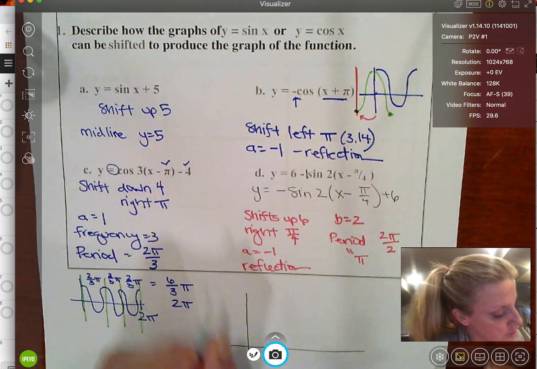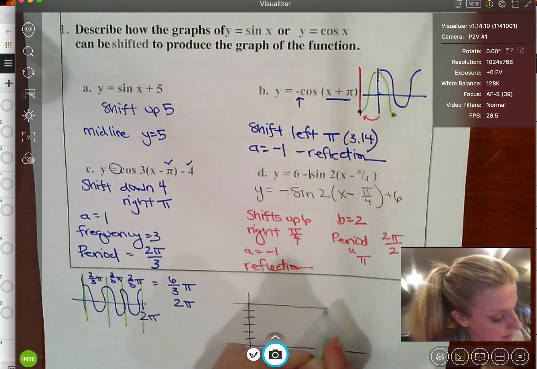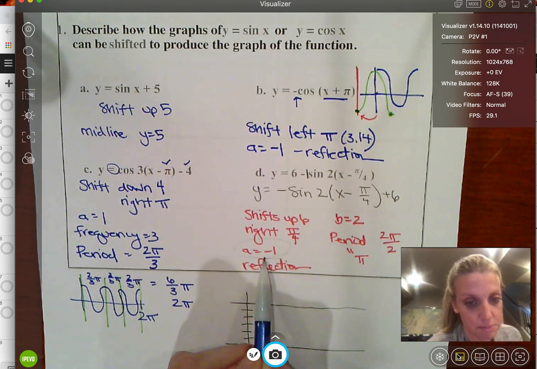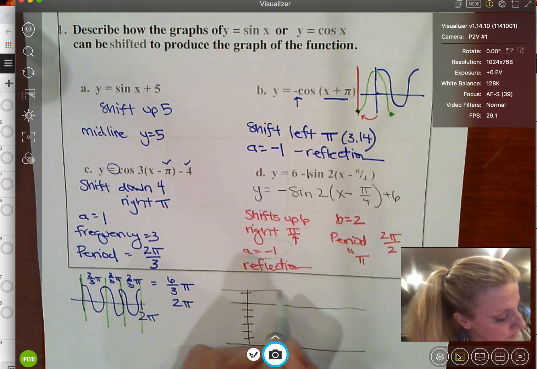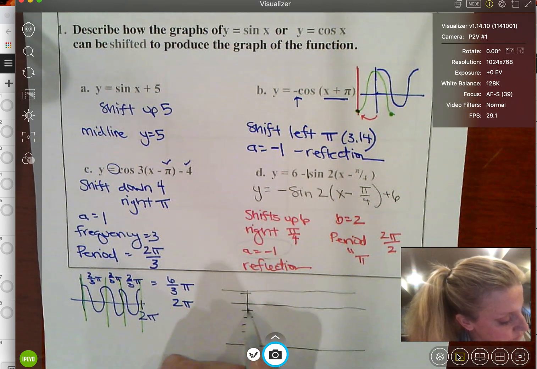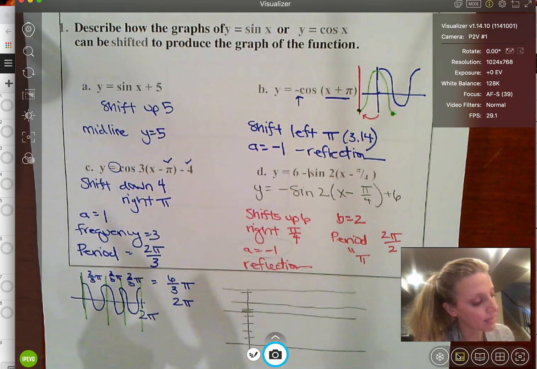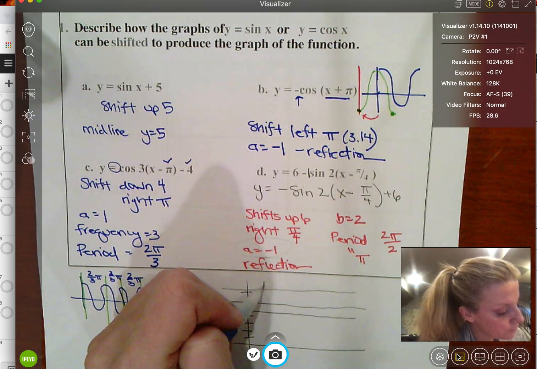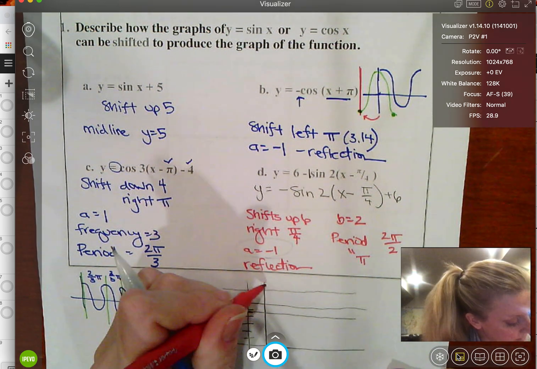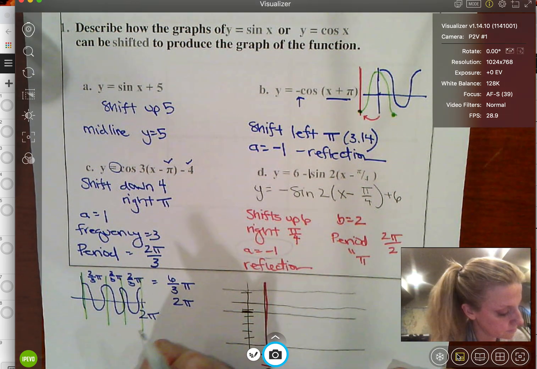The whole thing is shifted up 6. So there's your midline. Start with the midline, and then with an amplitude of -1, that just means you go up 1 for the roof and down 1 for the basement. Kind of move that right there. All right. And then if we're moving to the right, pi over 4, this would be like the left wall.